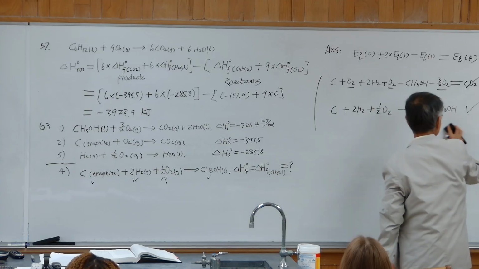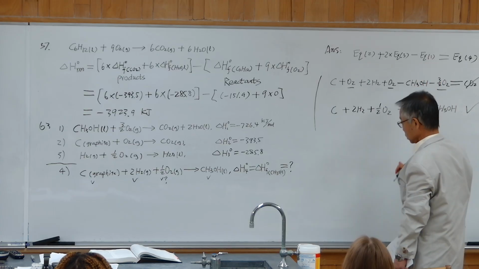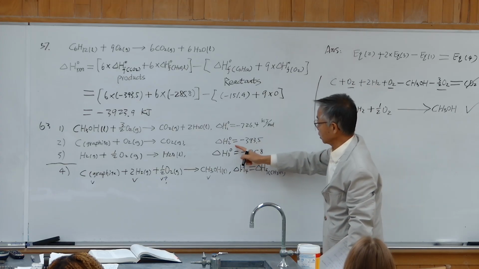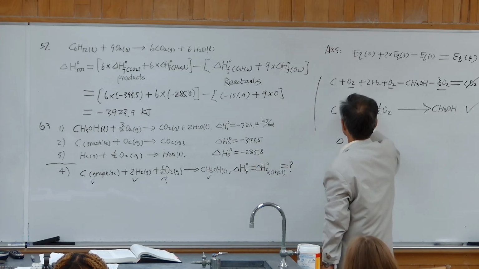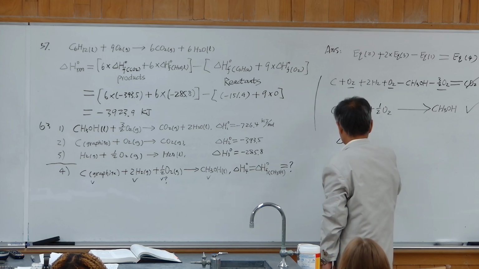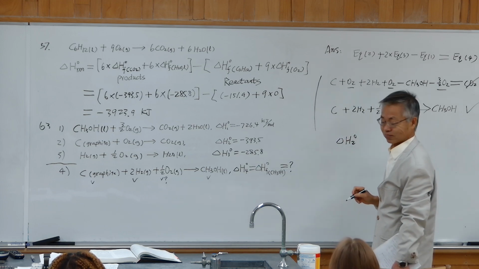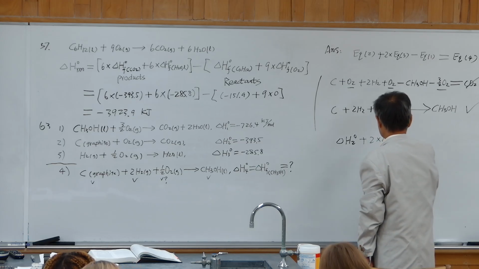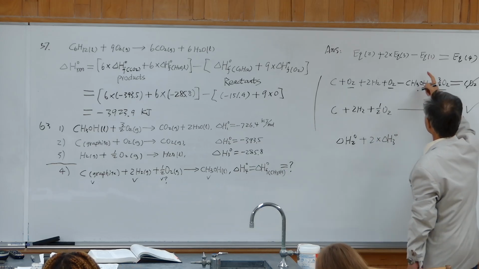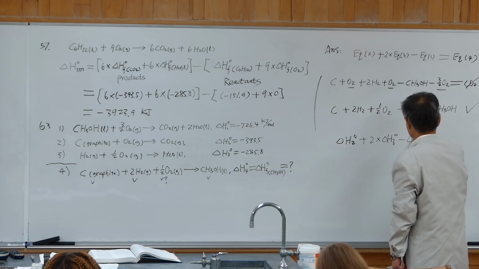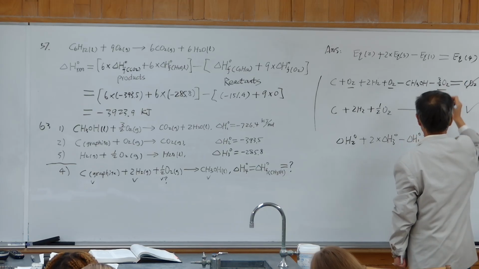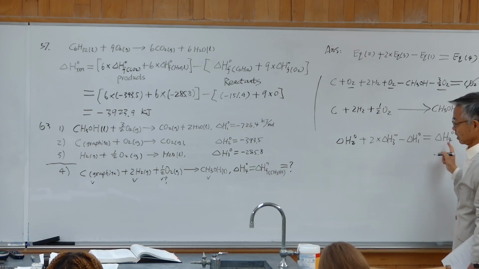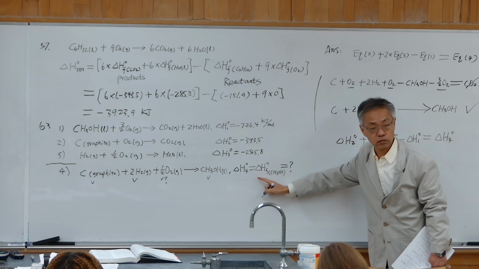Since we confirmed from this formula that we can get equation 4, then use this formula. Equation 2 uses delta H2, equation 3 delta H3, equation 1 delta H1, and equation 4 delta H4. Delta H4 is the one you want to figure out.